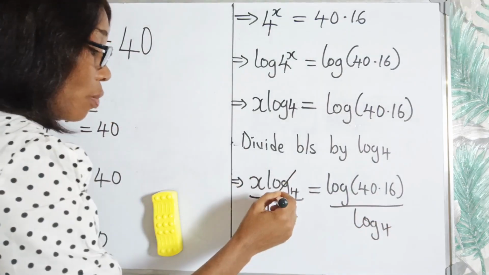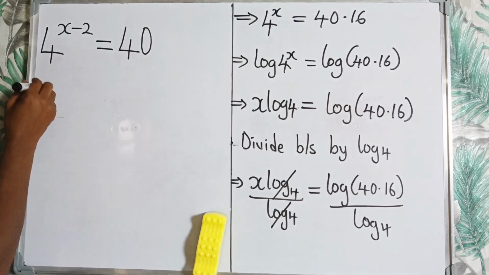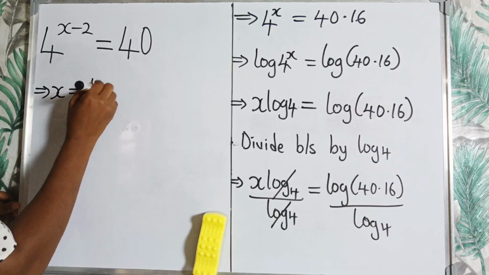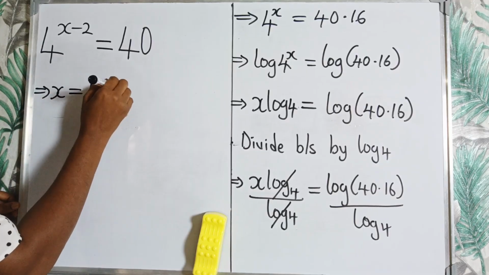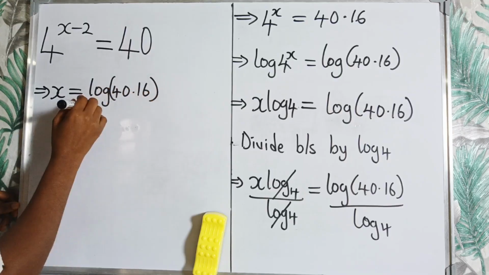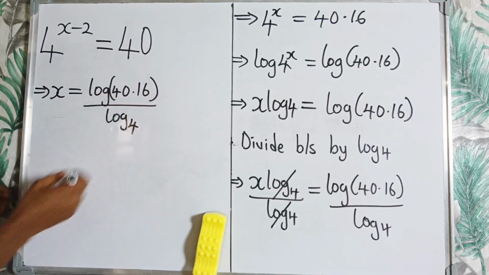So log 4 here will cancel log 4. So from here we are going to have x is equal to log 40 times 16 divided by log 4.